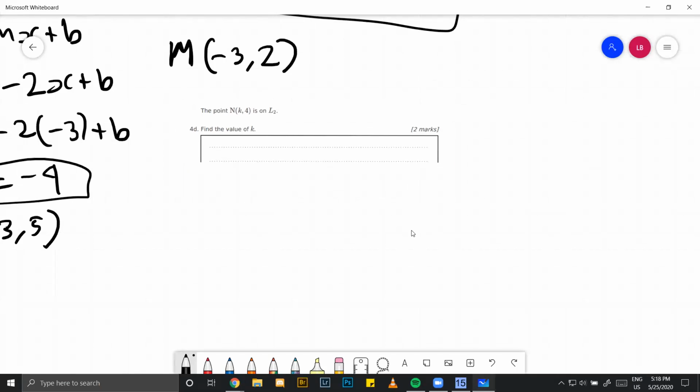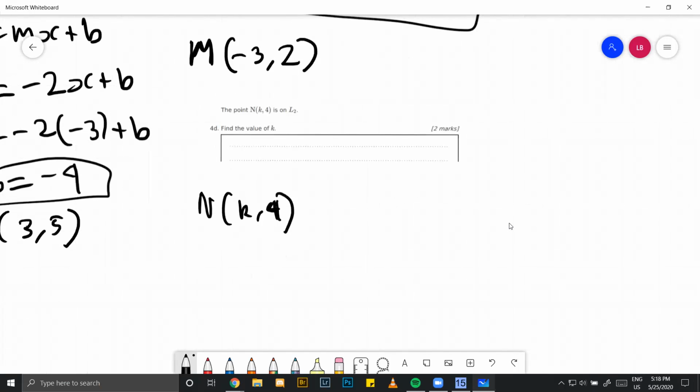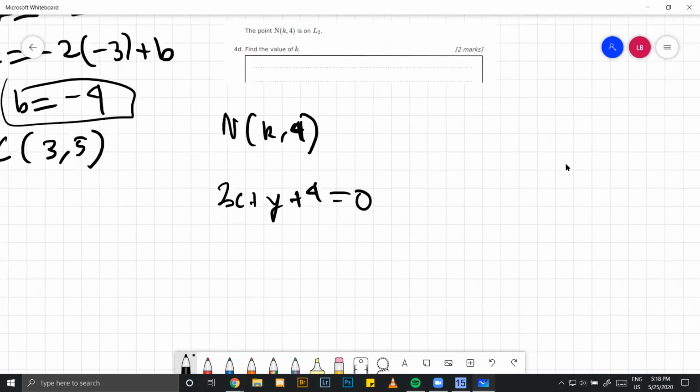So the point N, K, 4 is on L2. For a point to be on a line means the x coordinate and the y coordinate of that point satisfy the equation we've been given. We know our equation: 2x plus y plus 4 is equal to 0.